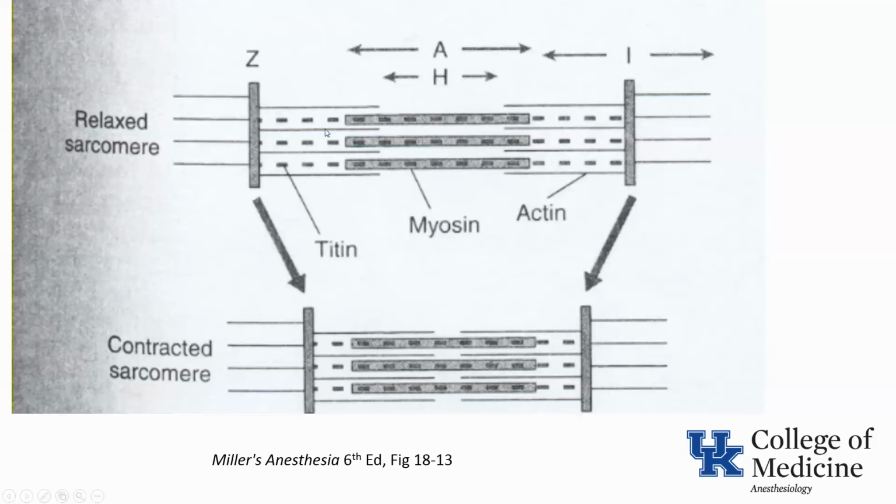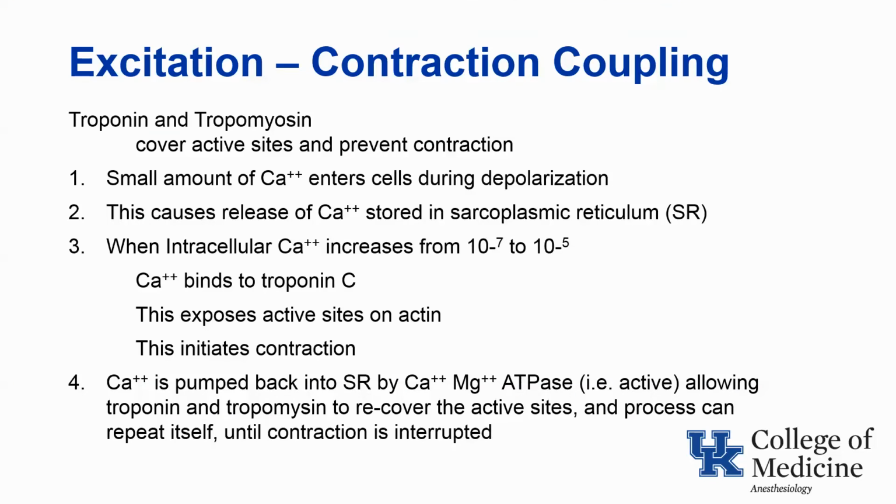This shows the relaxed sarcomere in end diastole and the contracted sarcomere at end systole. Note the marked overlapping between the myosin and the actin in the contracted state. Troponin and tropomyosin cover the active sites and prevent contraction.